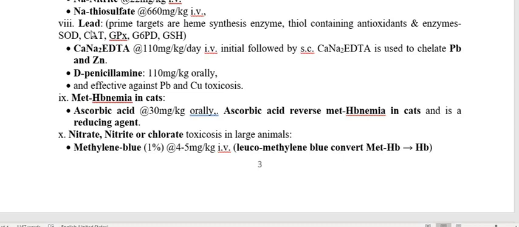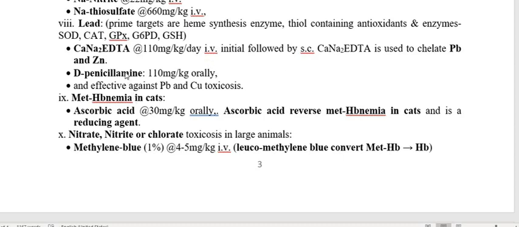So it binds with the lead and is removed from the body of the poisoned animal. Calcium disodium EDTA is not only used for lead toxicity but also for zinc toxicity. The dose is 110 mg per kg per day IV as an initial dose, followed by subcutaneous dosing.